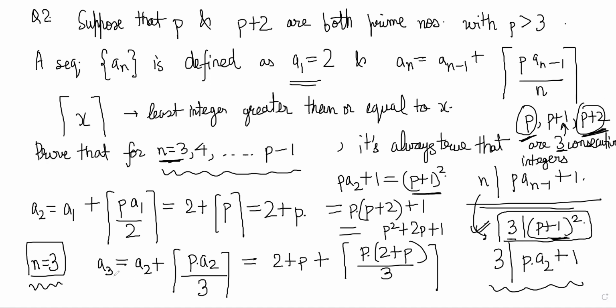We actually don't need to calculate this a3 at all. We just need to prove the base case of the induction, and we are getting it because we know a2 is p plus 2, and from there p a2 plus 1 is equal to p plus 1 whole square. Okay. So now our base case of the induction is done.